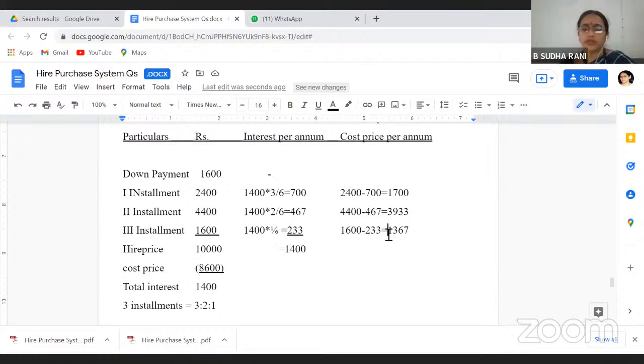Now this one, cash price. Is the cash price equal? Yes, here for the cash price you are supposed to take the 1600 down payment which he paid. So 1600 plus 1700 plus 3933 plus 1367 is 8600. Tally? Done?